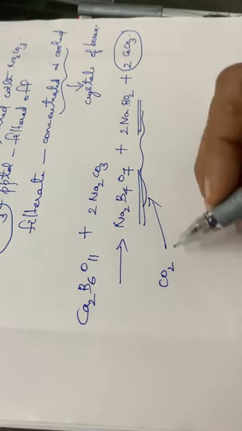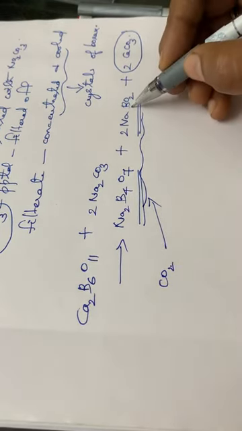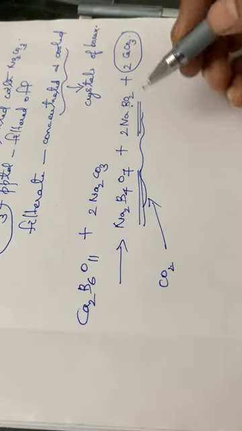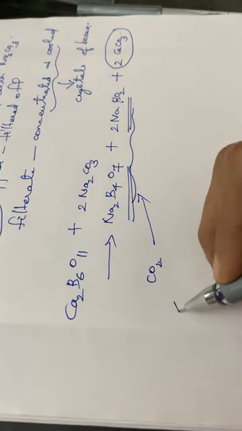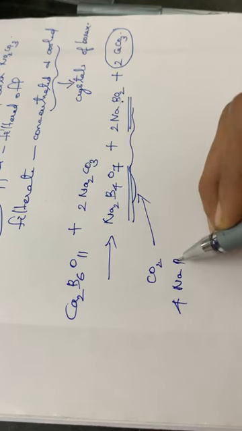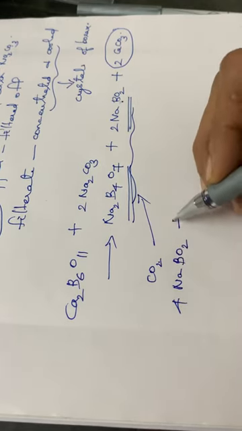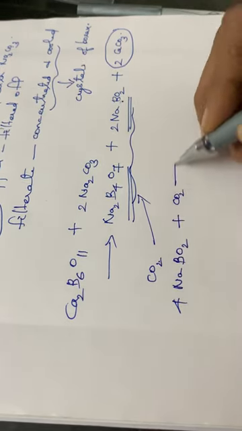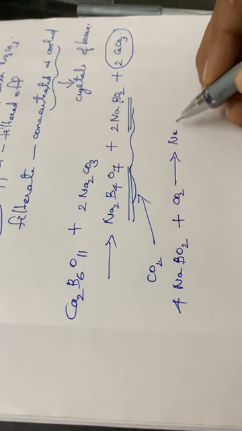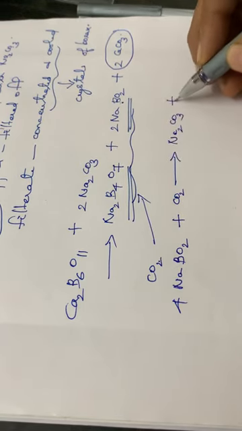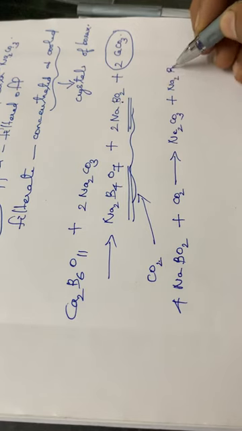The carbon dioxide gas reacts with the sodium metaborate: NaBO2 plus CO2 gives Na2CO3 plus Na2B4O7.